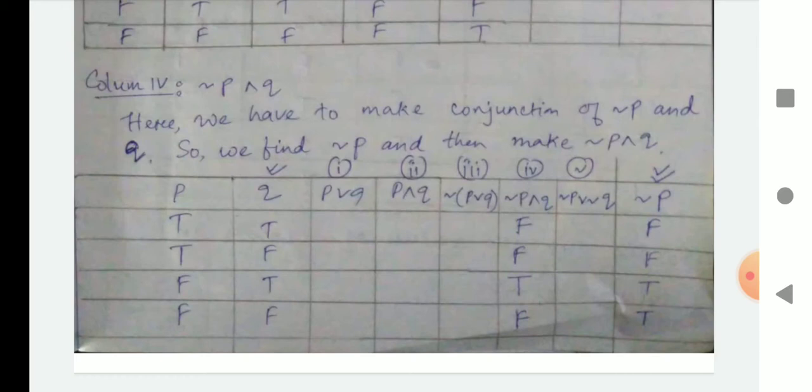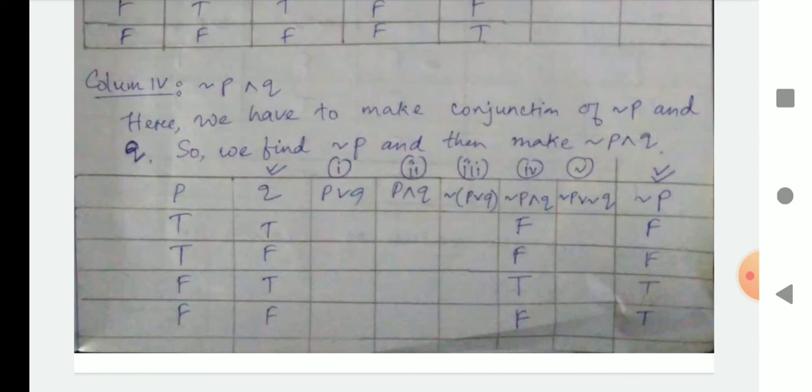In the second row P is true, therefore negation P is false. In the third row, P is false, therefore negation P is true, and in the last row P is false, so negation P is true. We are marking the Q column and the negation P column, because we have to make the conjunction of only these two values.